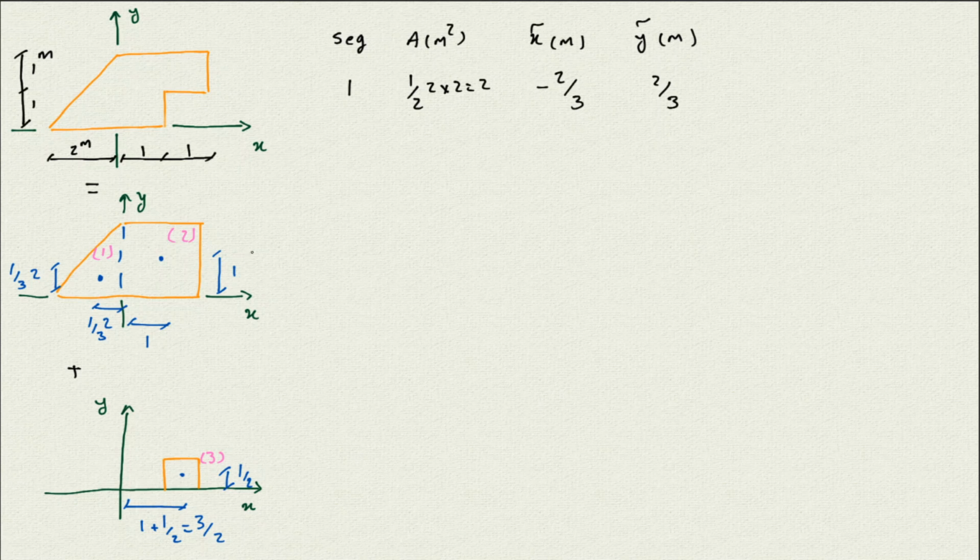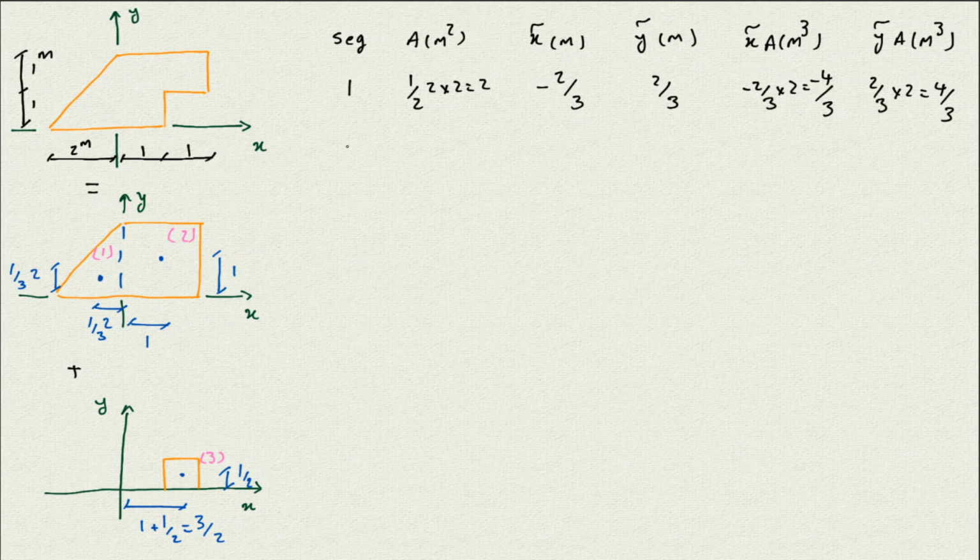And then we have this value, which is 2 times that: negative 2/3 times 2, negative 4/3, and then we have the same in the y direction, 2/3 times 2 is 4/3.